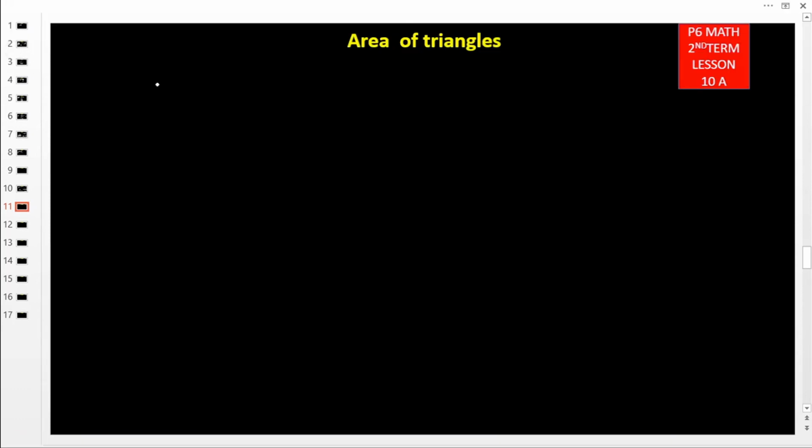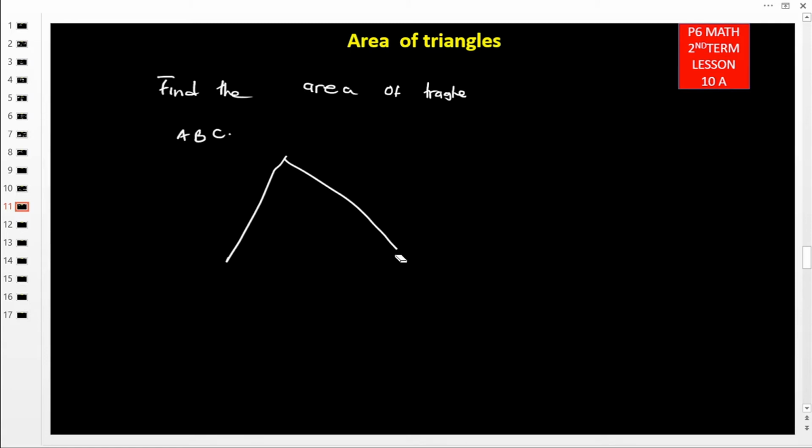Example 2 is saying find the area of a triangle ABC. Let me draw our triangle here. You have to draw it nicely with your ruler and a pencil.